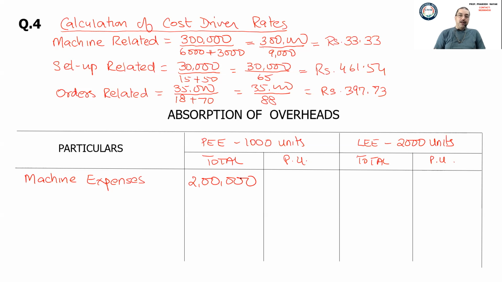Actual figure is 1,99,980. I'll round it up to 2 lakhs. Now 2 lakhs divided by 1000, per unit cost is 200. Same with 33.33 into 3000 hours is 99,990. I will take it as 1 lakh. And 1 lakh divided by 2000, 50 rupees.